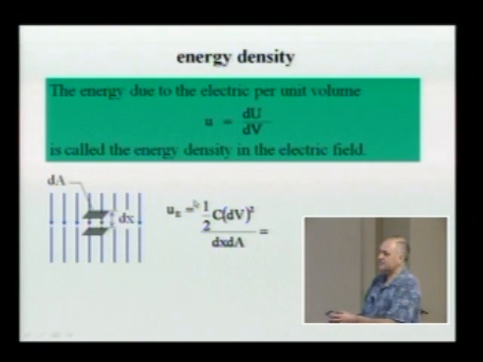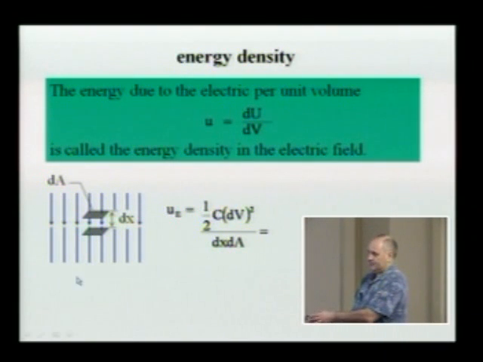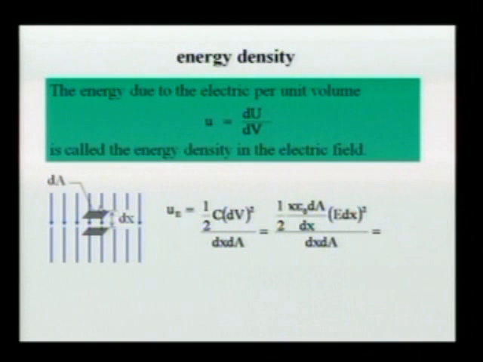This gives me the energy stored in that capacitor. And here I have to divide it by the volume of the capacitor. I have the area of the base, I have the separation between the plates, so area of the plates times separation gives me the volume.